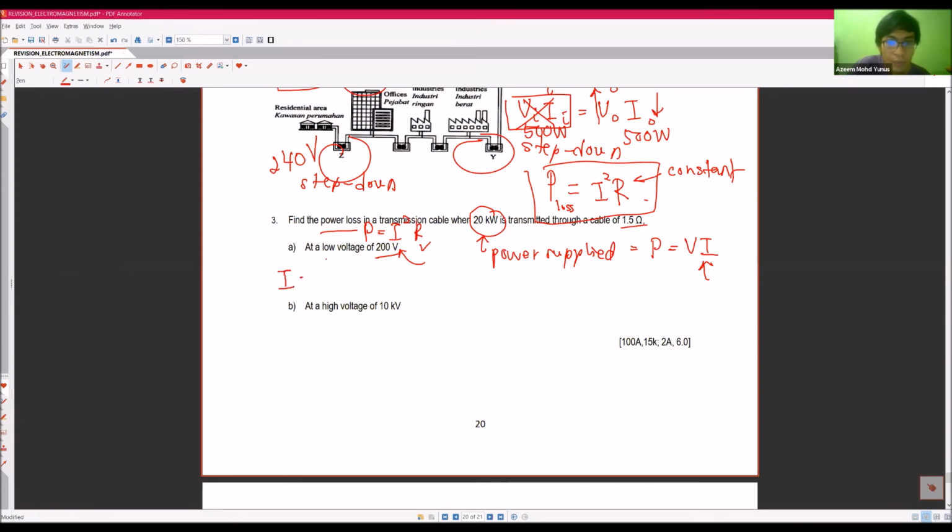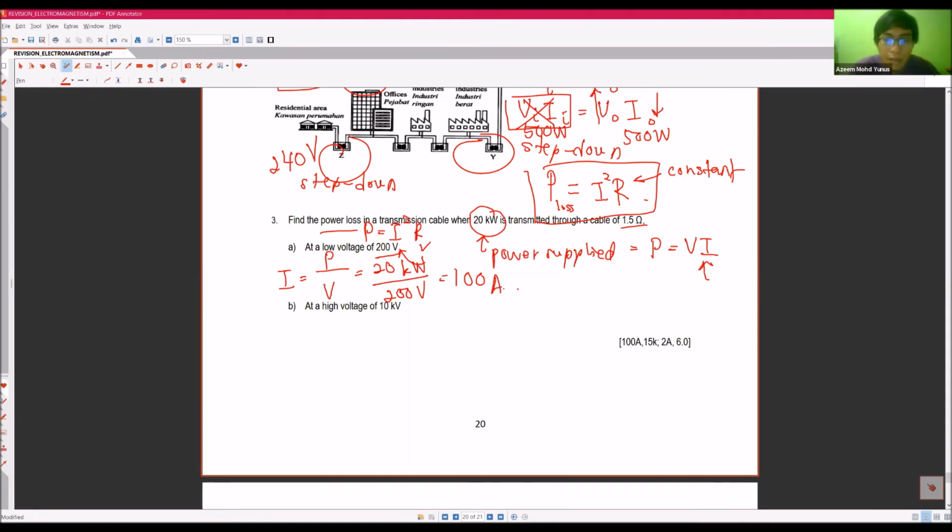So I equals P over V. The P is 20 kilowatts over 200 volts. Make sure you put kilo in your calculator, which is shift 6, divided by 200 volts, becomes 100 amperes. So that is the first step.